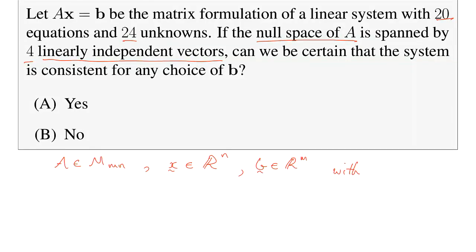Now in our case, the number of equations is always the number of rows. The number of equations is 20, so we're looking at an m equals 20 row matrix. And the number of variables, which is the number of columns of A, is 24.